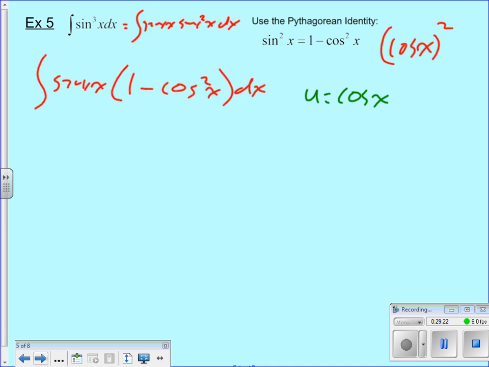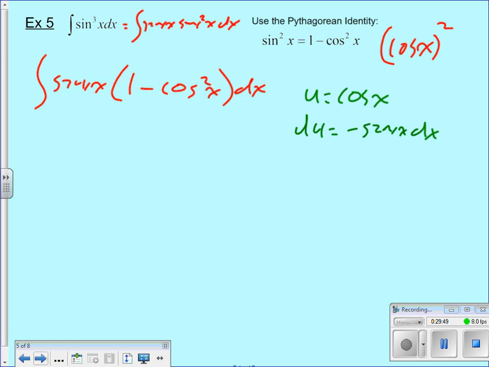What's du? Sine x dx. Actually, it's negative sine x dx, right? The derivative of the cosine. You're not doing anti, you're doing derivatives. Take the derivative. Du equals negative sine x dx.